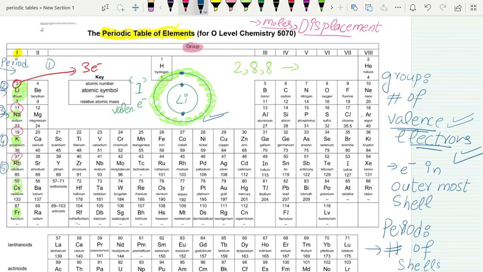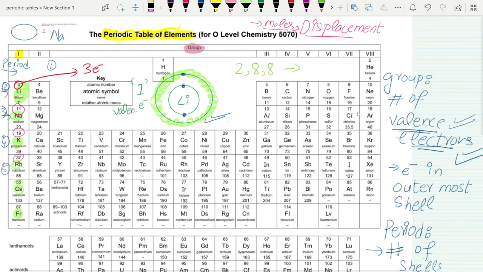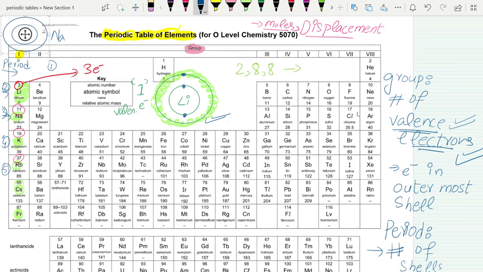Now let's take sodium. Sodium, Na, has 11 electrons. It has a first shell, a second shell, and a third shell. Let me just tell you why it has 3 shells.